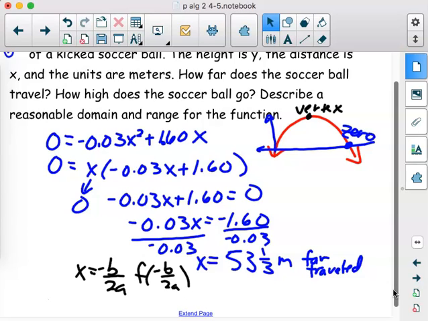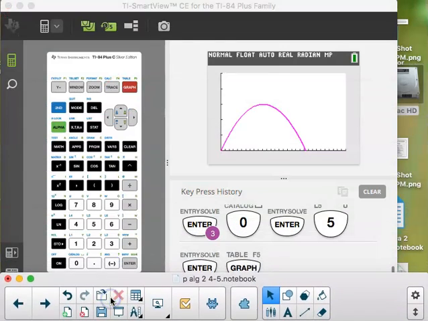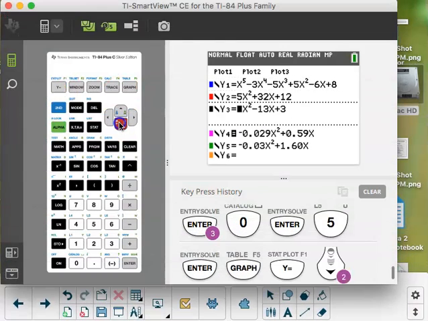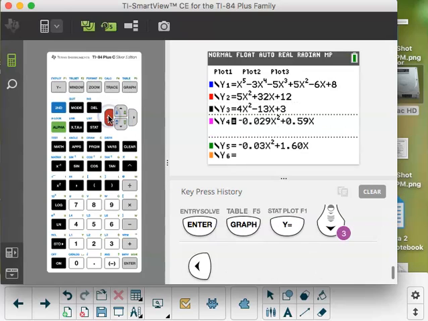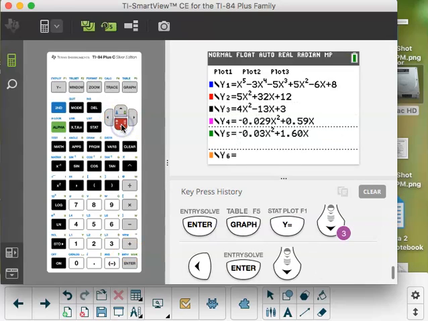But I do want to show you how you could find it with the graphing calculator. So we put this one in, and while I'm changing things here, you can go ahead and punch that one in. That's the negative 0.03 x squared plus 1.60 x. This time we're just going to let the calculator find that vertex for us.